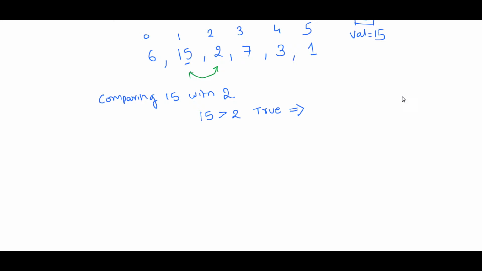So this means we're going to swap 15 and 2, and as usual, we're going to increment our CI. So the result would be 0, 1, 2, 3, 4, 5.